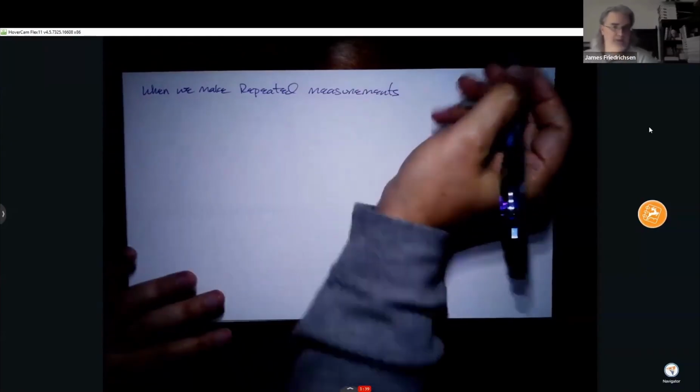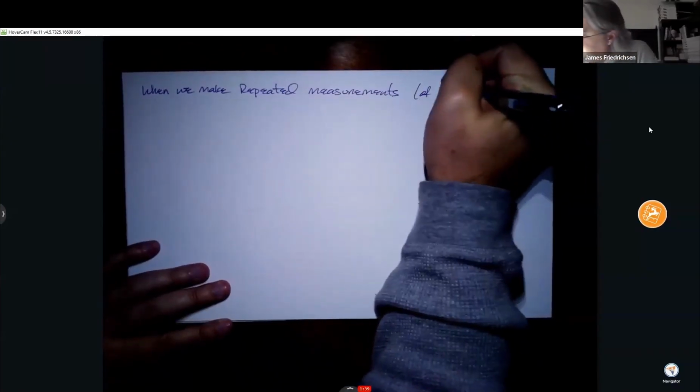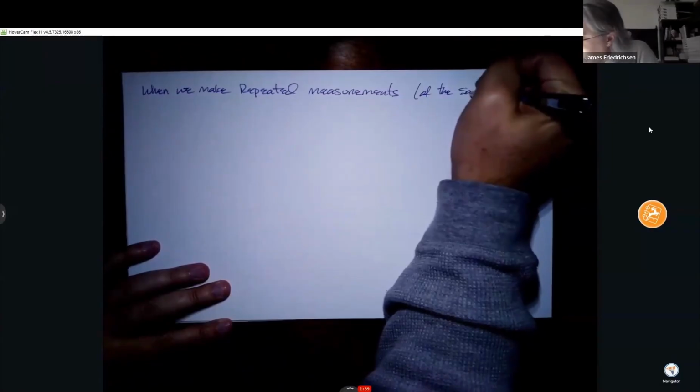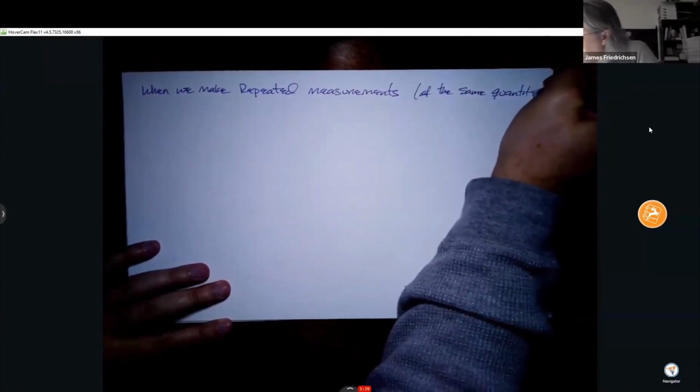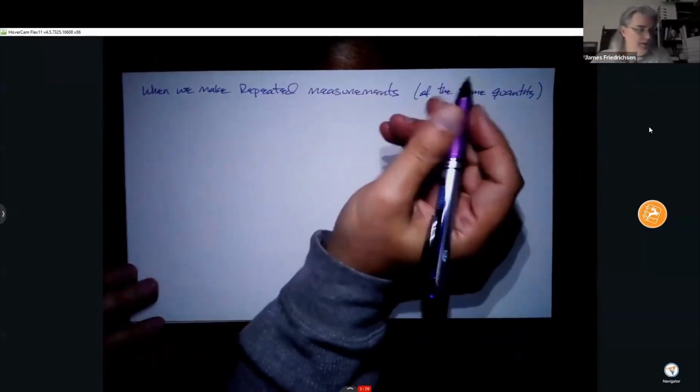We'll make repeated measurements of the same quantity.